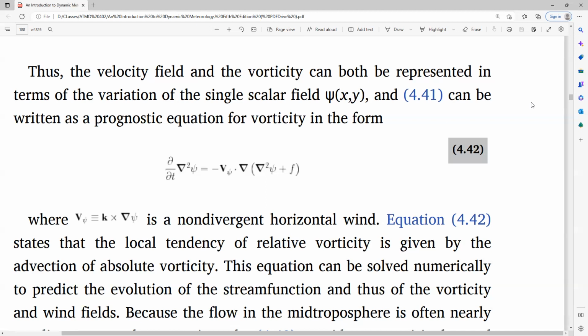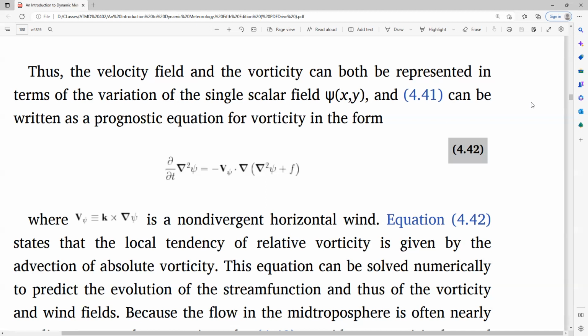That's why we use quasi-geostrophic. The main flow is geostrophic. And geostrophic is an equilibrium between the pressure force and the Coriolis force. And if it is in equilibrium, it does not change with respect to time. But it can change with respect to time when it is forced out of balance.